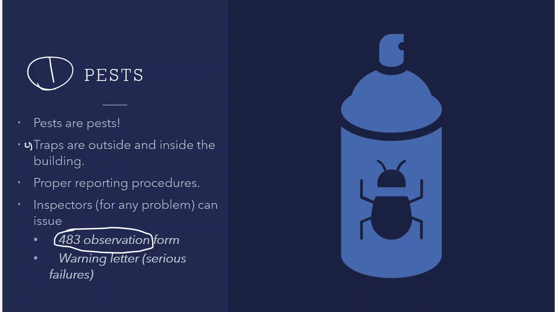And then, in addition to a 483 observation based form, they can give you what's called a warning letter. Oh no, a warning letter! Well, yeah, this would be equivalent to back in school when you were doing your assignments.